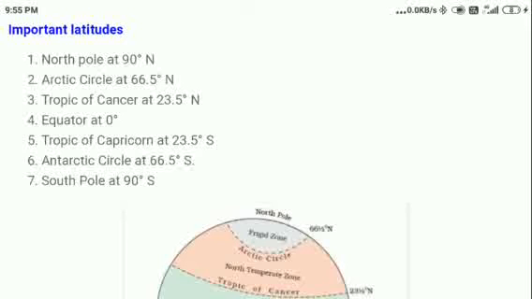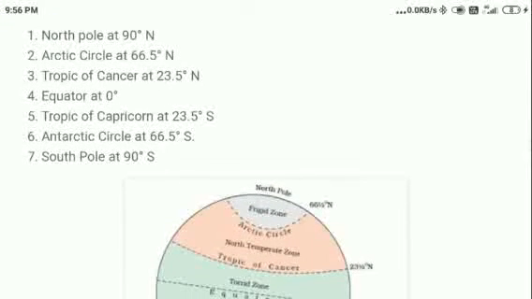Similarly, if we are moving towards south, we put S. There are some important latitudes. At specific values we have specific circles, called the important latitudes. At 0 we have the biggest circle around the earth, called the equator, and when we move towards the north at an angle of 23.5 degrees north we get a circle known as the Tropic of Cancer.